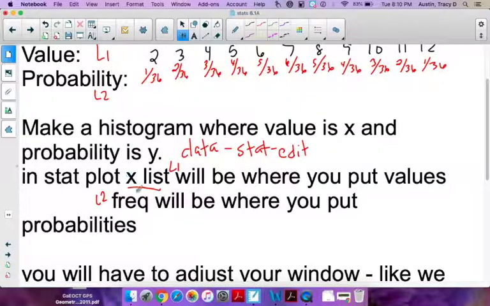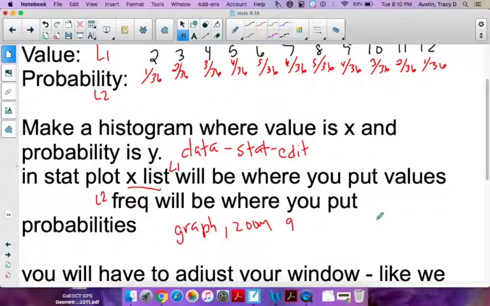So once you get it into stat plot, we normally hit graph, and then we hit what? Zoom 9 to get it to stat window, I believe. Okay, do you remember when we were doing histograms before, we had to go back and adjust our window a little bit just to make our X scale what it was supposed to be?